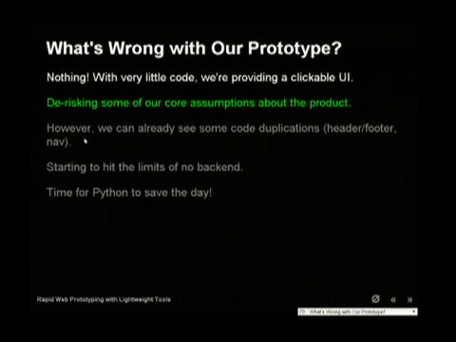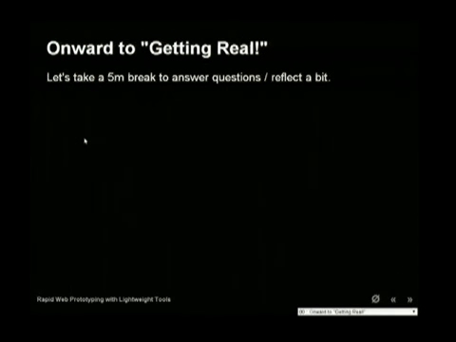But we can already see that we've got this header footer code duplication, and that not having a backend, although it's nice to be able to show someone a submit form, it's probably pretty frustrating if when you click the submit button, nothing happens. So we should probably implement that right now. And that's where we'll start getting into Flask and Jinja to actually do this.